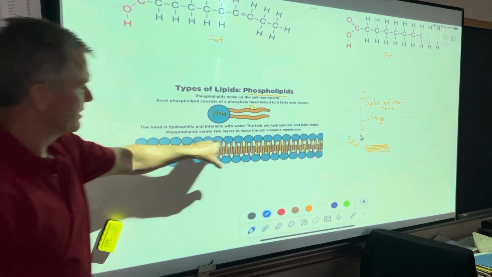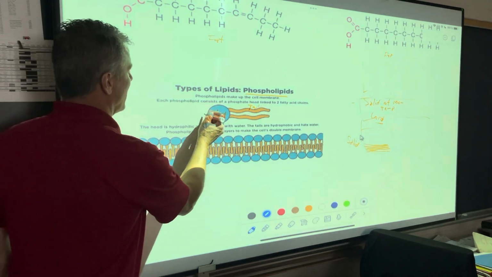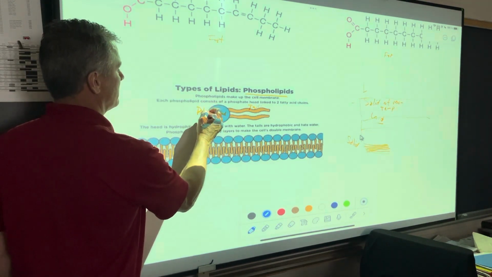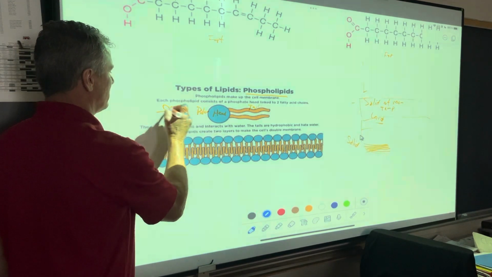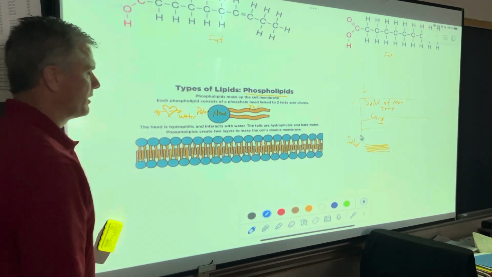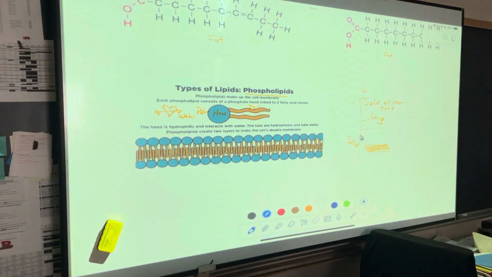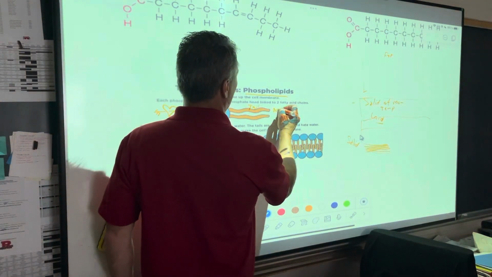So our cell wall has one on the outside, one on the inside. And these love water. These are polar. They love water. When water gets around, they will attract the water. But the tails are non-polar. They don't like it.